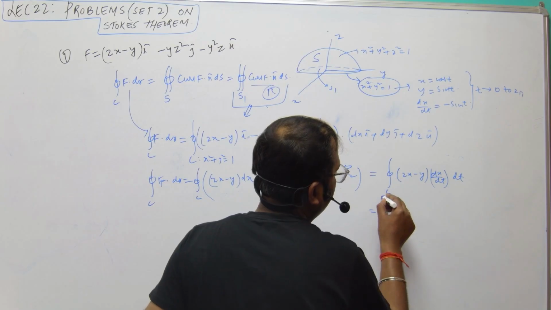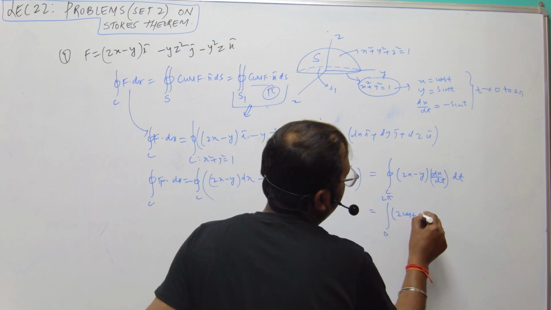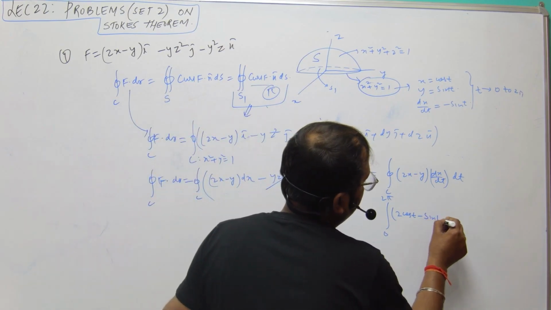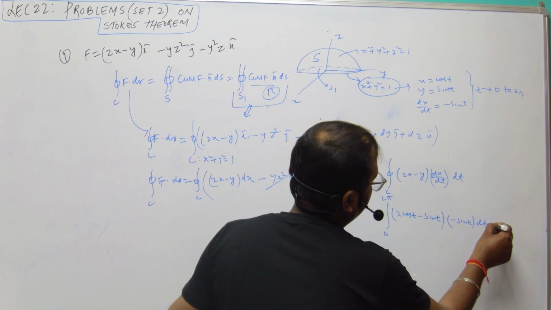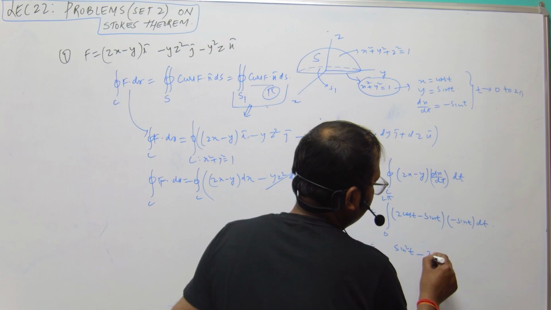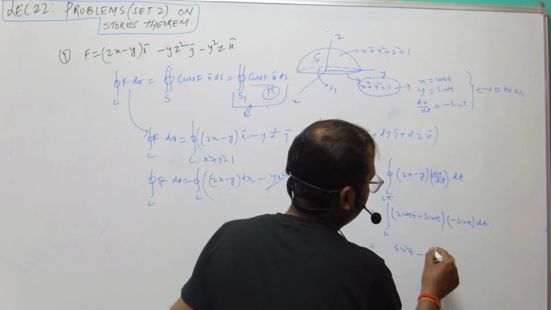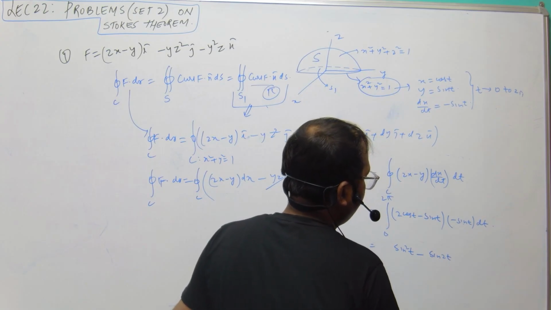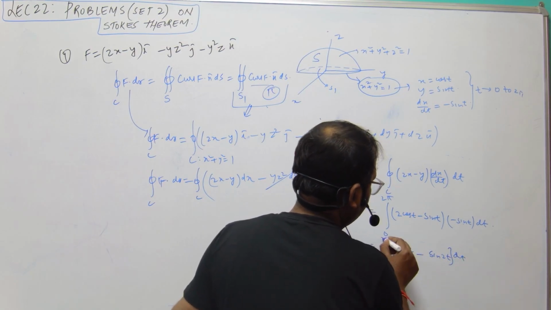So this is the integral from 0 to 2 pi of 2 times cos t minus sin t, into minus sin t dt. So this is equal to sin square t minus 2 sin t cos t, and 2 sin t cos t is sin 2t, into dt, from 0 to 2 pi.